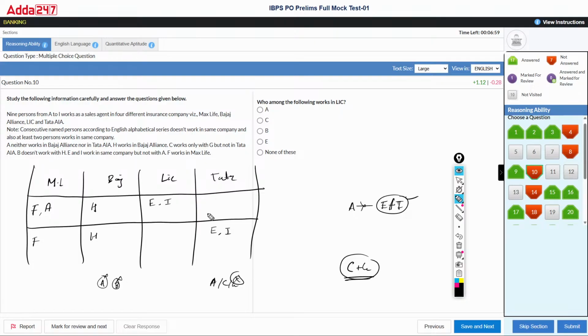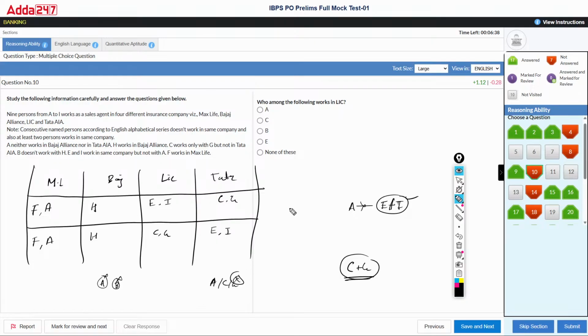CG has to only stay here. So CG, but CG cannot be here. So CG has to be here. Okay. EI here. A not with them. A not here. A cannot be here. A has to be here. And who else?